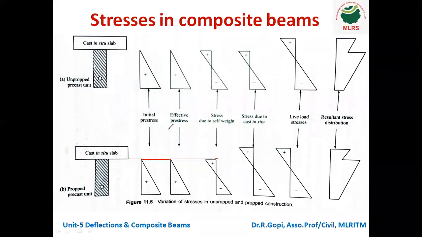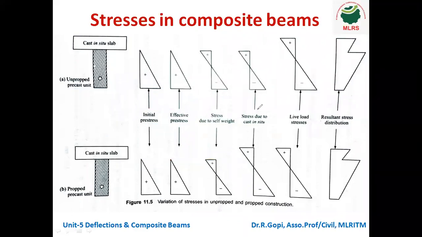Initially we give 1000 kilonewton, but finally only 800 kilonewton is there. That 800 kilonewton divided by area is called the effective stress. So now you can understand the difference: initial stress is at the time of applying force, and effective stress is after losses.